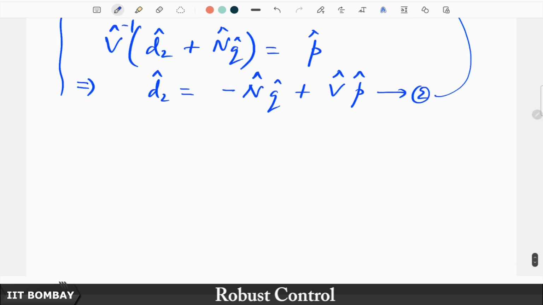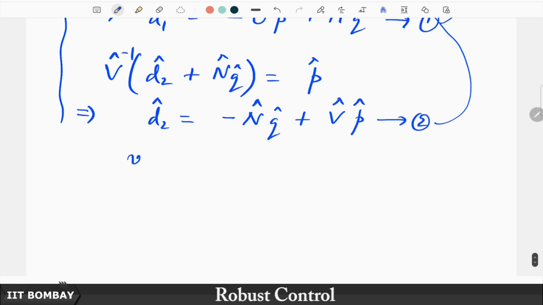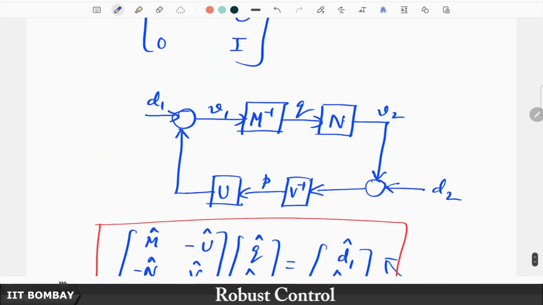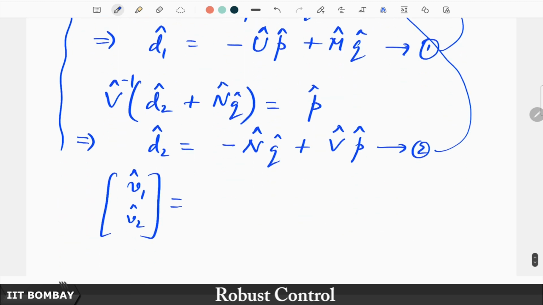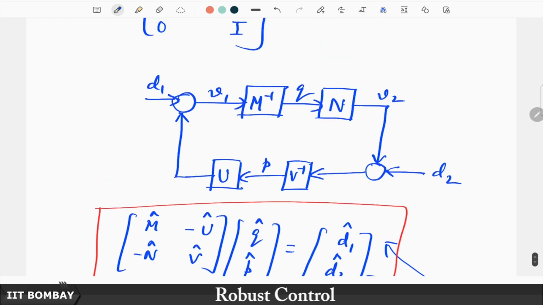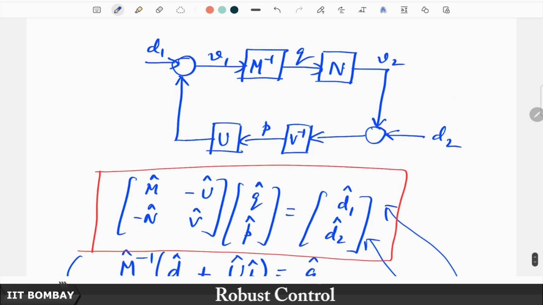Now, apart from this, what else do we know? We know that v1 hat and v2 hat are nothing but, you see, v2 hat is nothing but n hat acting on q hat. So, this is n hat, and v1 hat is nothing but m hat acting on q hat. It is the reciprocal relation. So, m inverse v1 hat is equal to q hat.